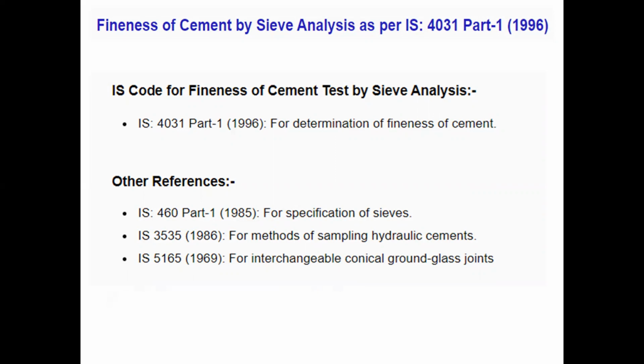And we also have the other references as IS 460 Part 1 of 1985 for specification of sieves, IS 3535 of year 1986 for methods of sampling hydraulic cements. And of course, we also have the IS 5165, year 1969 for interchangeable conical ground glass joints.